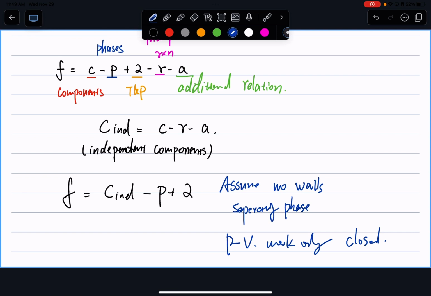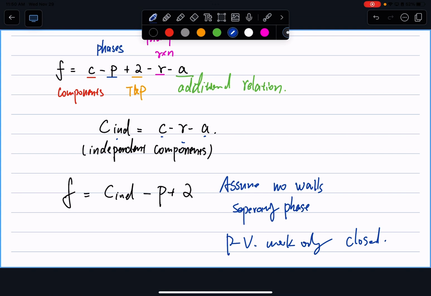What's the degrees of freedom for one of the independent components? No, so the degrees of freedom is describing the entire system. But when we use the C independent, C independent is the components minus the number of independent reactions, and minus additional connections.